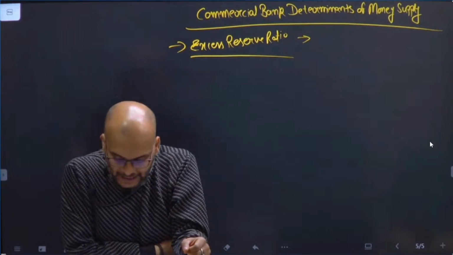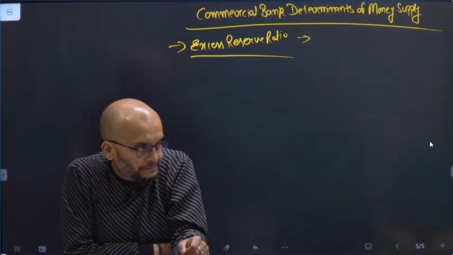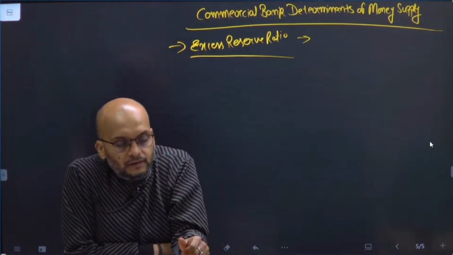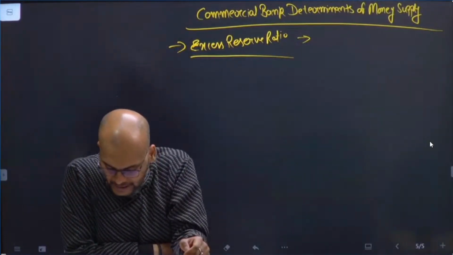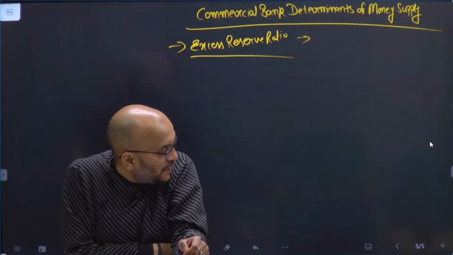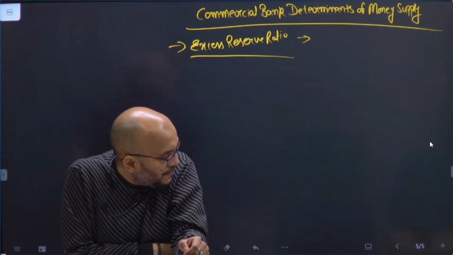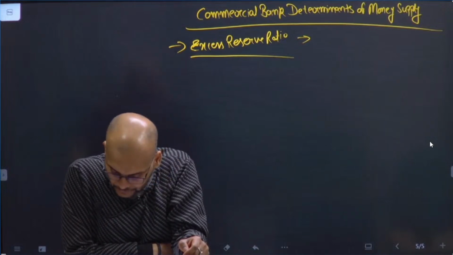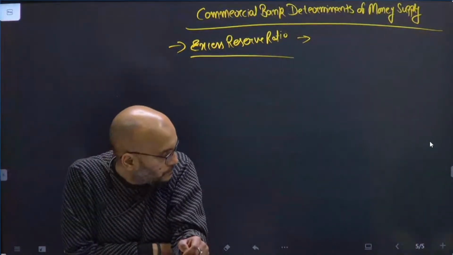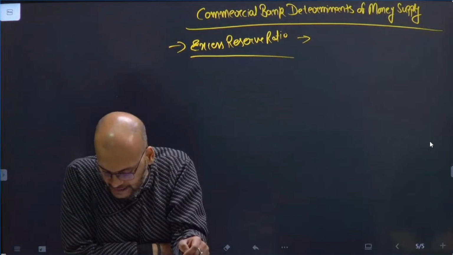So write down, banking system helps to determine the money supply by changing the excess reserve ratio.